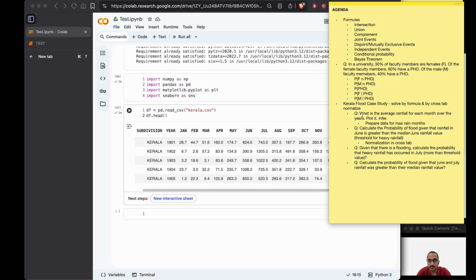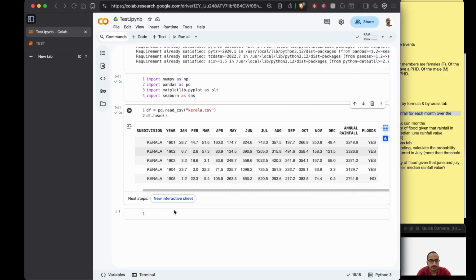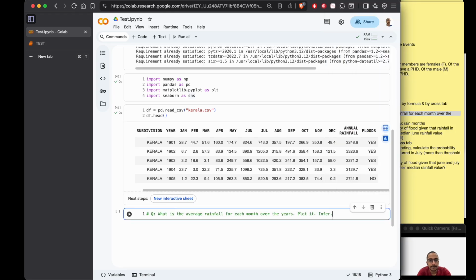Now the question: what is the average rainfall for each month over the years? Right. So average rainfall for each month. This is simply, we just have to take the mean for each and every column of the months, and we just have to plot that.